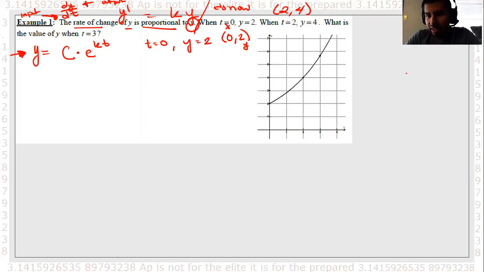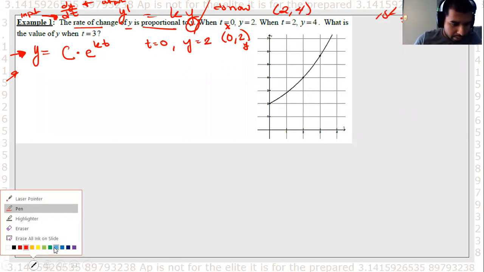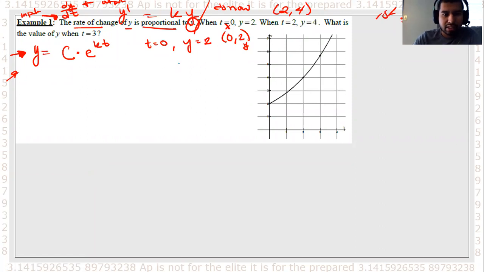All right, so let's go ahead and find C. We want to use the equation for this right here. I'm going to substitute what I know. The first initial condition was when t equals 0, y equals 2. So I put t equals 0 and y equals 2 here.